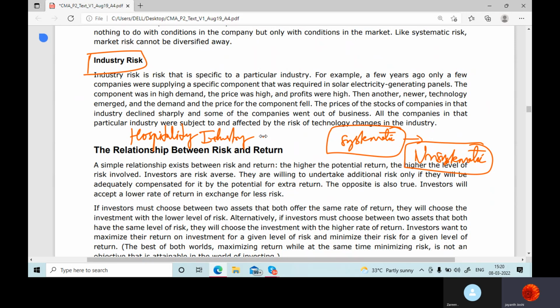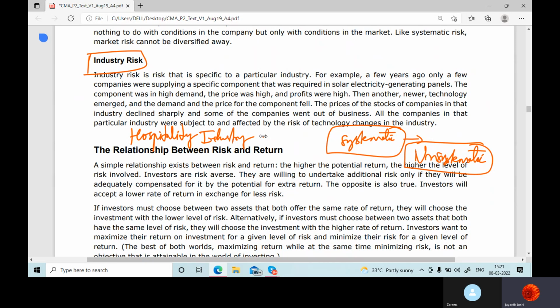If you have invested your money in SOTC, tours and travels, all these kinds of companies which are related to travel, tours, hospitality, then during COVID-19, all these companies did not perform well, and investors lost their money badly.